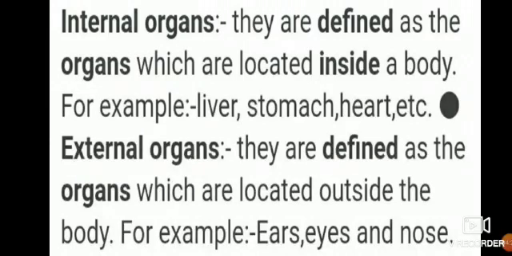So they are known as internal organs. And external organs are the organs located outside the body. For example, eyes, ears, nose, hands. So all these organs are external. They are outside the body, and we can see them each and every second.